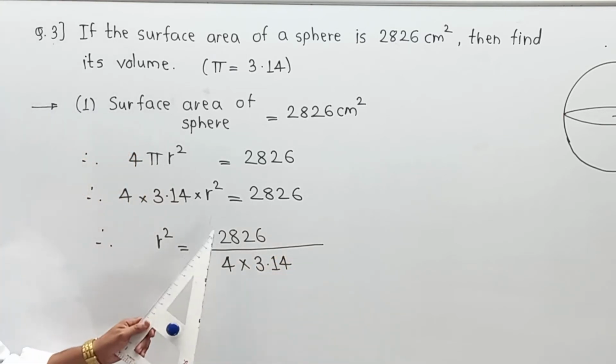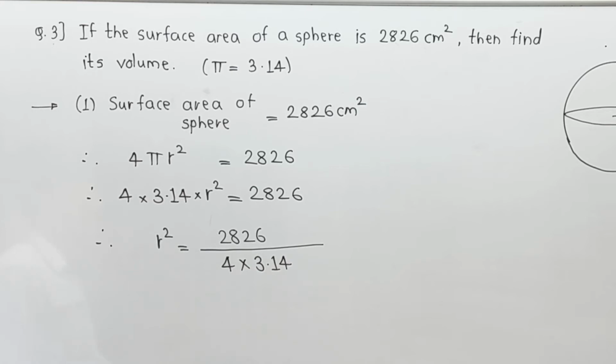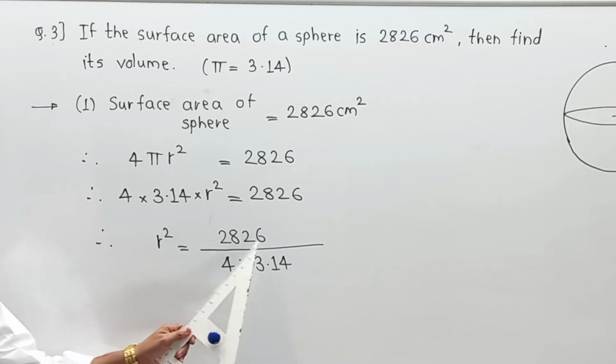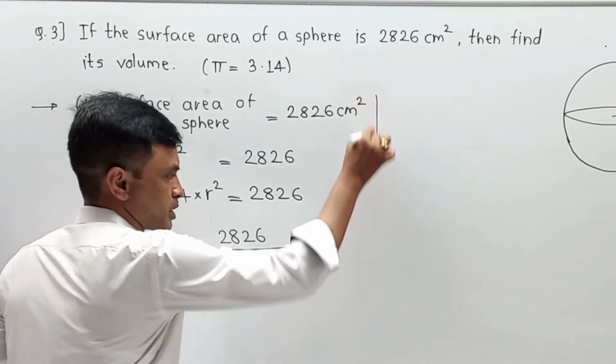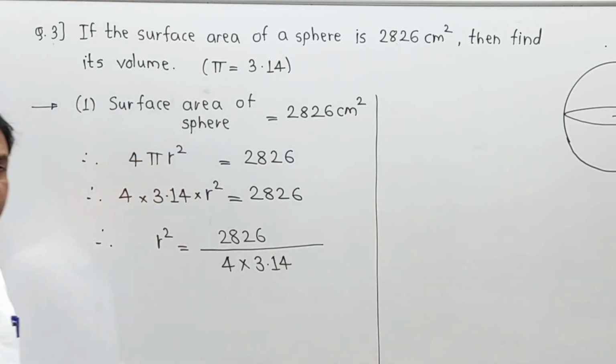Now maximum students are able to reach up to this step, but after that calculation will be the most important part for their solution. Now please pay attention. I am going to do the calculation over here and then put this value over here. But before that, we should know that r square means the value is in form of square, and again we have to simplify it.